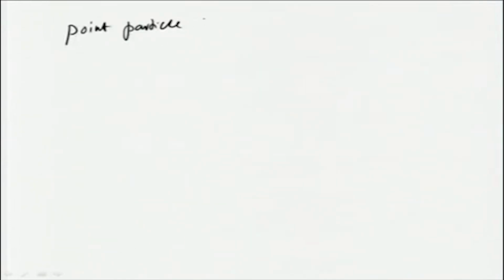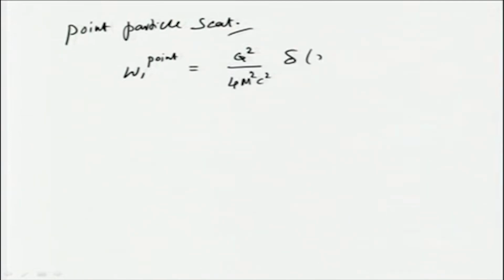particle scattering. Then W₁ for a point particle is equal to q²/4m²c² δ(ν − q²/2m), and W₂ is just δ(ν − q²/2m).